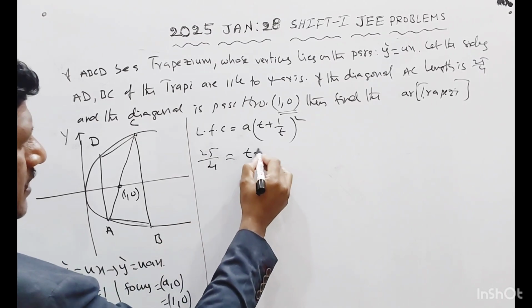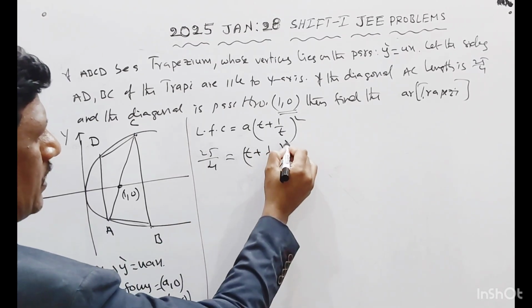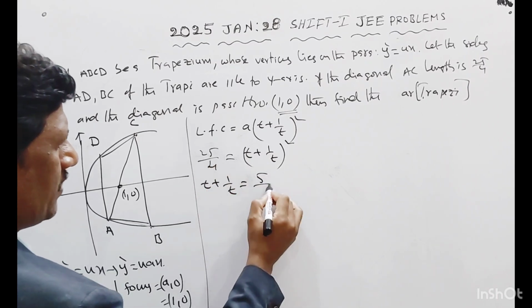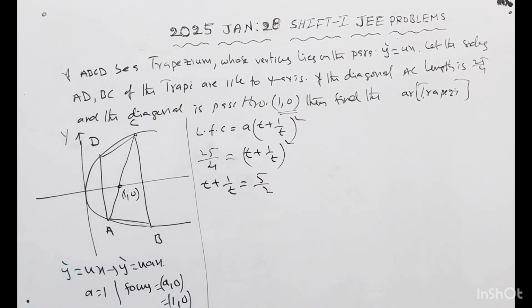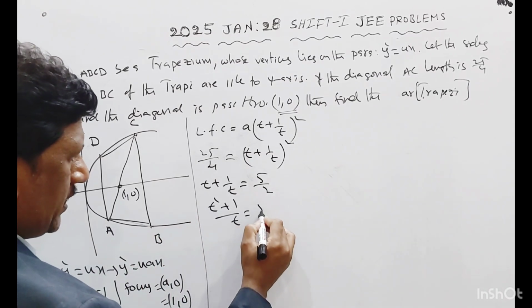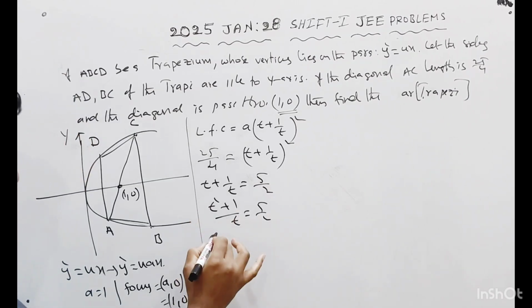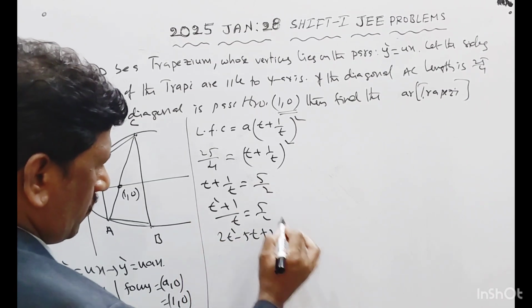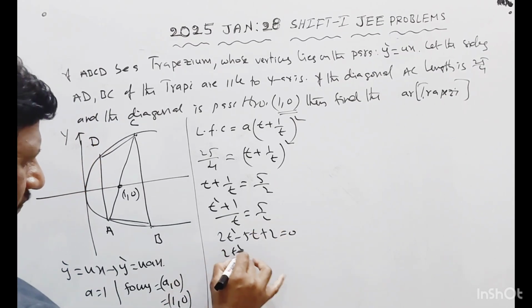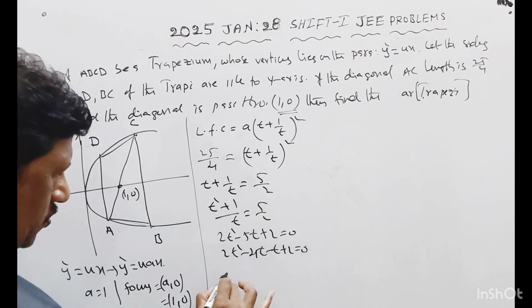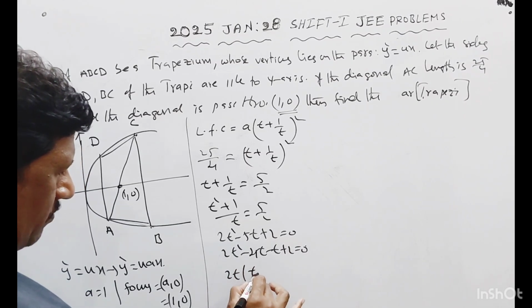That's why (t plus 1/t) whole square is 25/4, nothing but t plus 1/t is equal to plus or minus 5/2. I am taking the plus sign, that means t plus 1/t is equal to 5/2. If you do cross multiplication, 2t square minus 5t plus 2 is equal to 0. If you find the factors, you will get 2t square minus 4t minus t plus 2 is equal to 0. 2t common, you will get t minus 2.